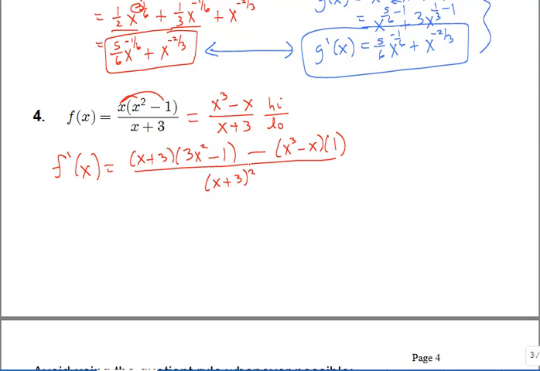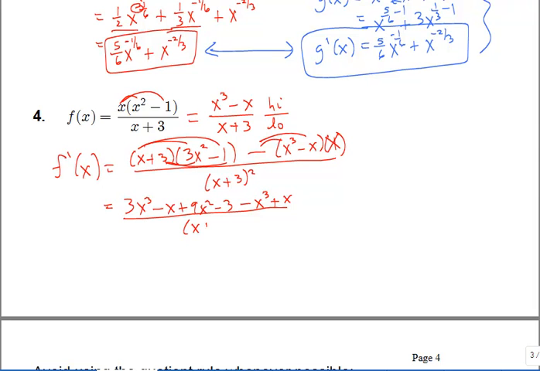And if we clean this up a little bit, we do have some foiling to do on the top. We're going to get a 3x cubed minus x plus 9x squared minus 3. And I don't have to do anything with this 1 because that'll just keep the x cubed minus x the same, but I do have to distribute my negative. So I will get a minus x cubed plus an x.